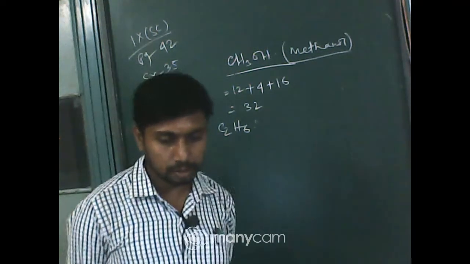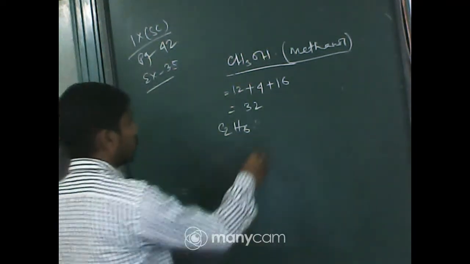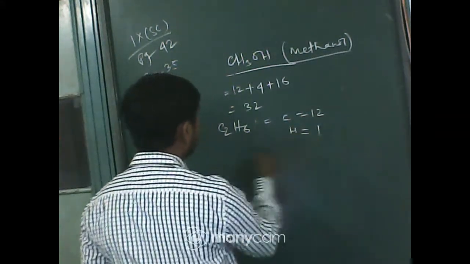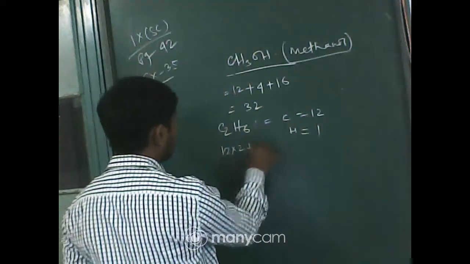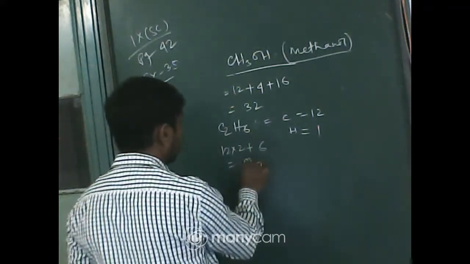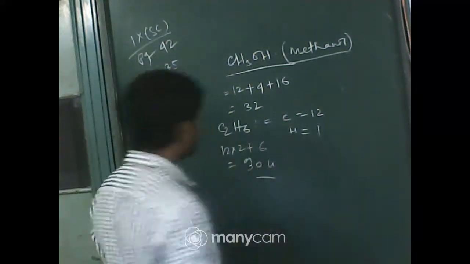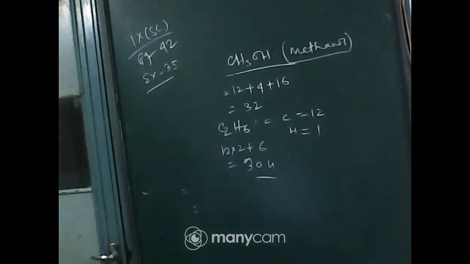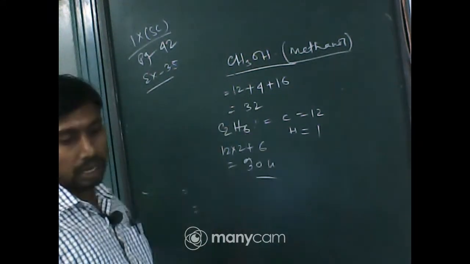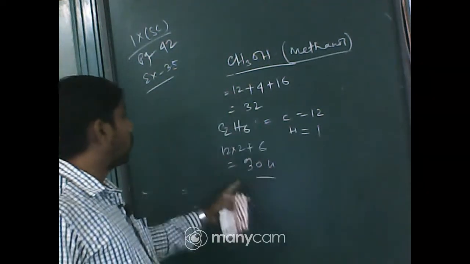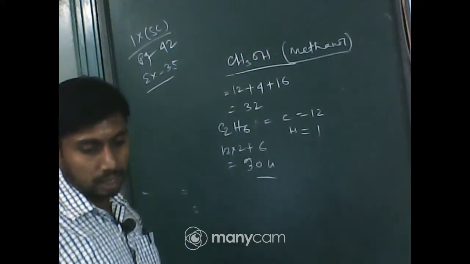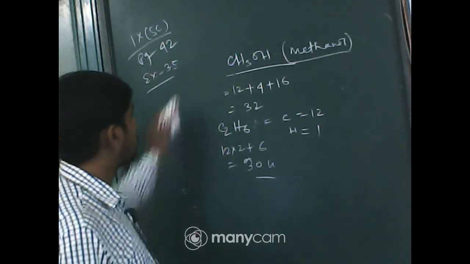C2H6, 30 U. Okay, so carbon is 12, hydrogen is 1. So 12 into 2 plus 6, that is 30 U. Clear? So in that way we can calculate the molar mass. So 1 mole of methanol is equal to 32 gram. 1 mole of ethane is equal to 30 gram.